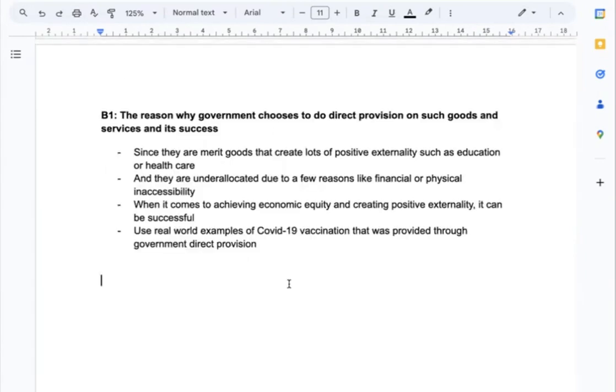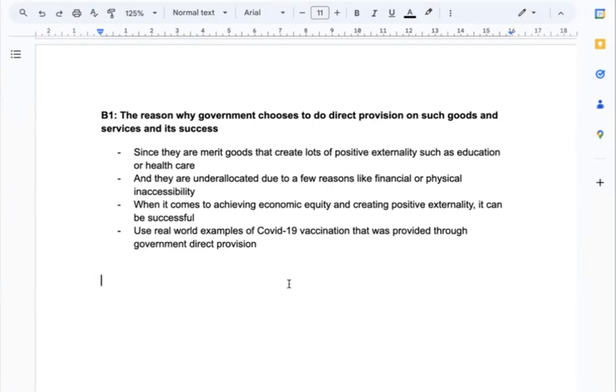And first, I can analyze the reason why the government chooses to do direct provision of such goods and services and their accessibility. Basically, the government does direct provision of certain items because they are largely merit goods, like education or healthcare, which create lots of positive externalities.